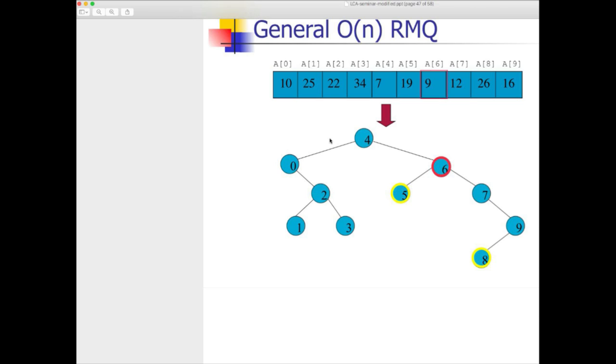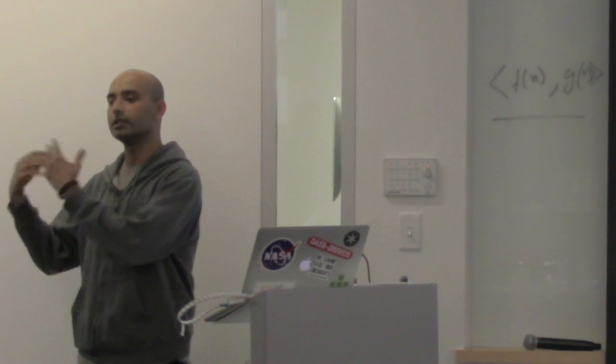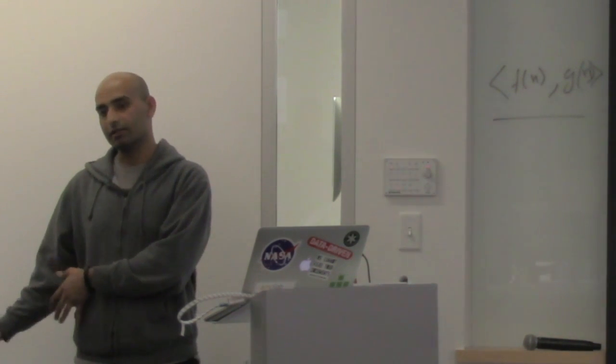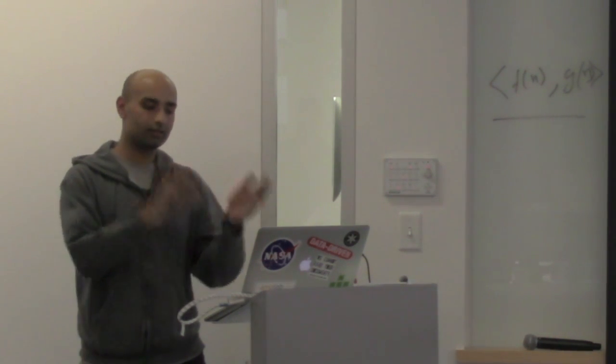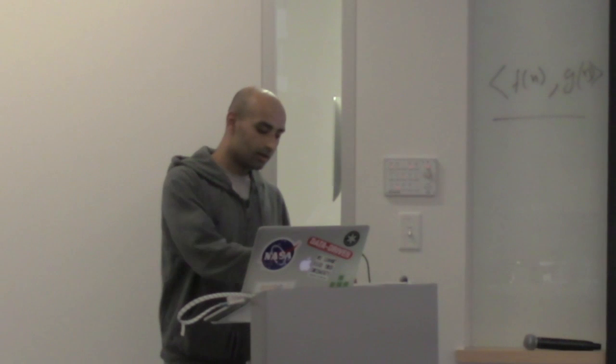And yes, that's it. You took the original problem, converted it to an LCA, converted it into another RMQ, converted it into the solution, turned it back again, and got this. So, yes.